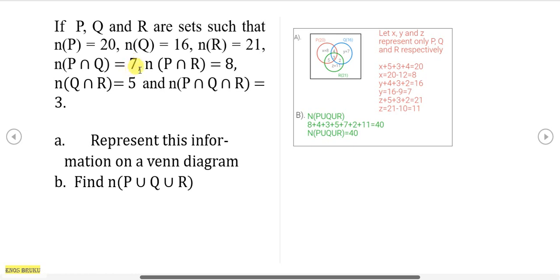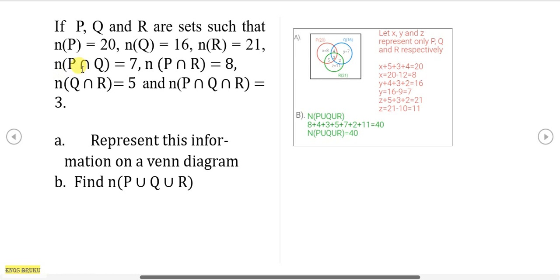But here you have to be careful. If you don't take time, you might forget. Remember that P intersection Q is different from P intersection Q only.